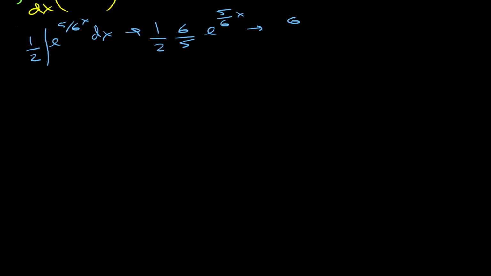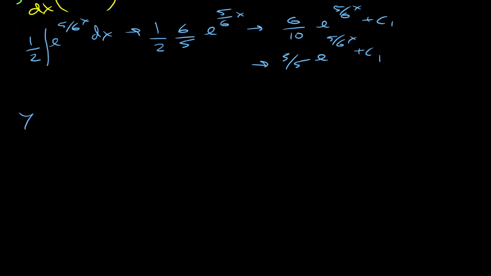So you get 6 divided by 10 e^(5/6 x) plus c. So 6 divided by 10 is the same thing as 3 divided by 5 e^(5/6 x) plus c.